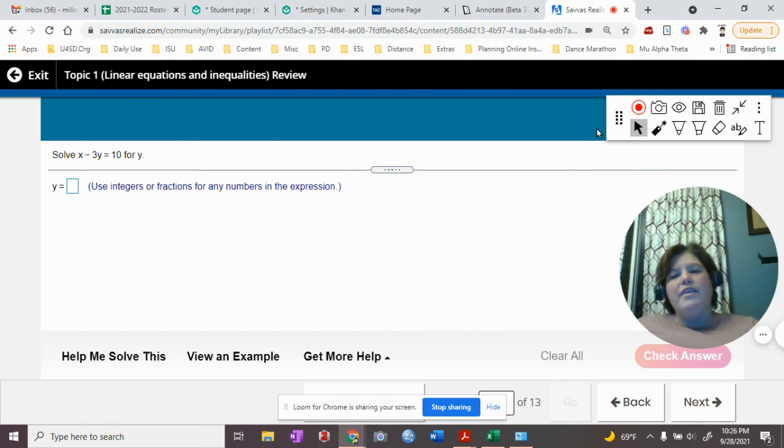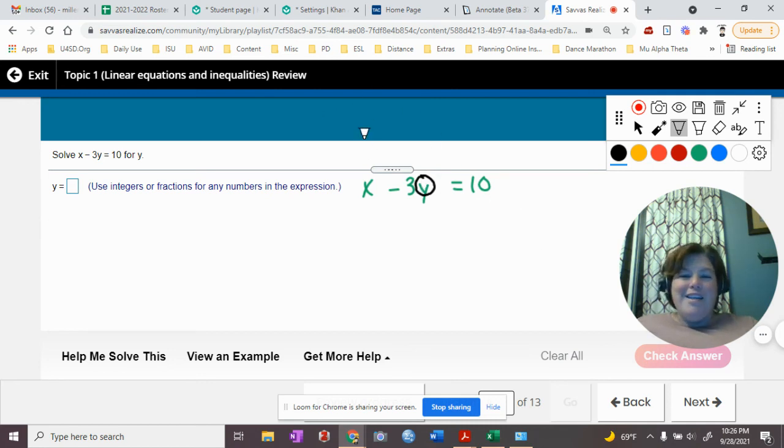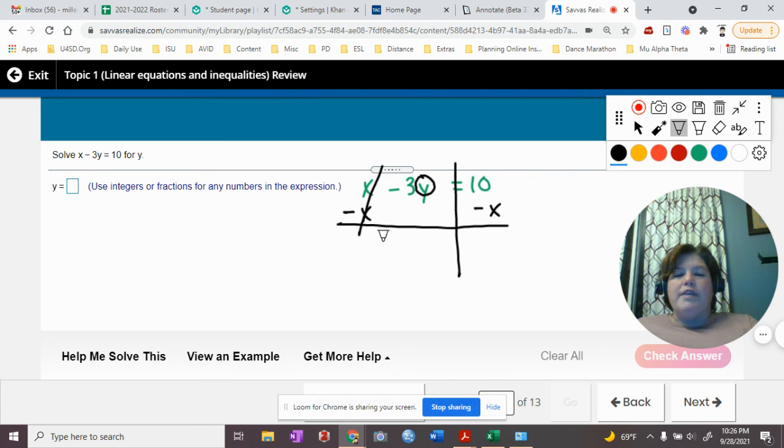If I have x minus 3y equals 10, and I want to solve this equation for y, I need to move the x and I need to undo that negative 3. So let's do that. I am going to subtract x from both sides of my equation. x minus x zeroes out, and I have negative 3y equals negative x plus 10.